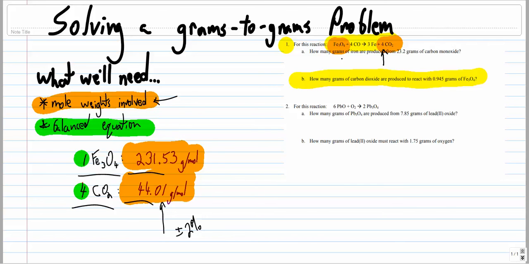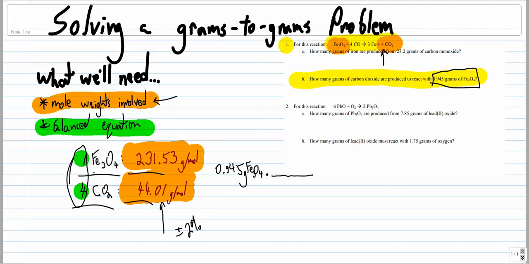So starting this problem is just like starting lots of problems in this class. We were given this quantity right here. So I'm going to write 0.945 grams of Fe3O4. I would love to be able to just switch grams of one thing to grams of another, but I've got to take into account this 1:4 ratio.